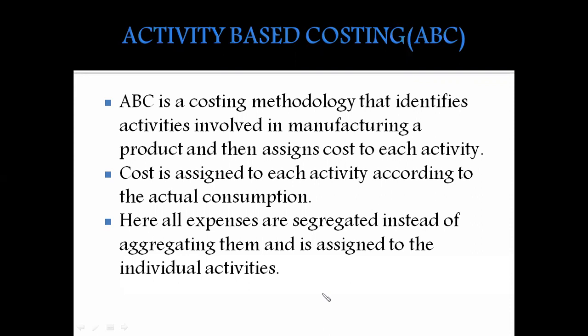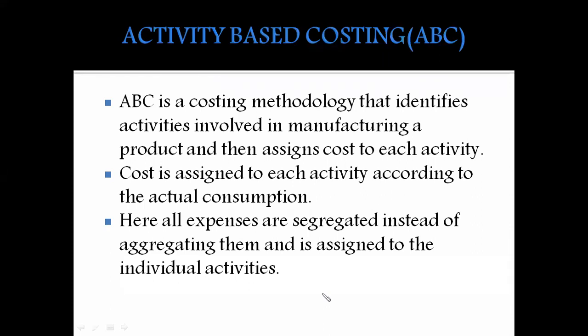But in ABC analysis, what will happen? It will identify the cost of each activity, and then only the cost consumed will be associated with it. So in this case, product A will be charged with special engineering, special testing, special machine setup cost and all, but product B will not be charged with those costs in activity-based costing.